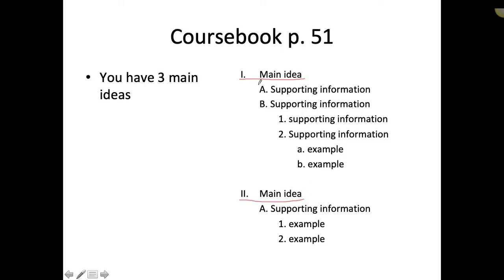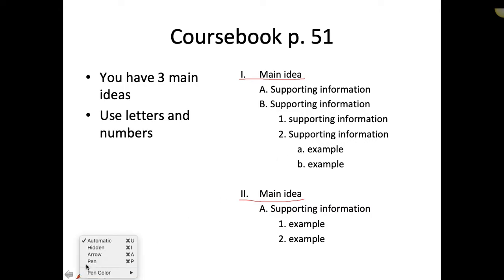But now, what will I say about this main idea? These things about the main idea come here in the supporting information. And then maybe you want to say more about that. You have to talk for 5 minutes. So any facts or details or examples about that will come next.